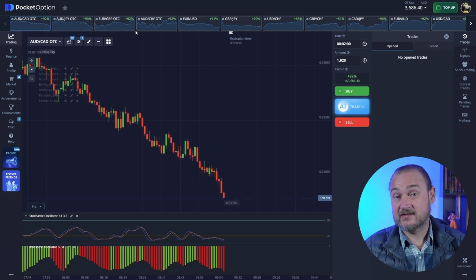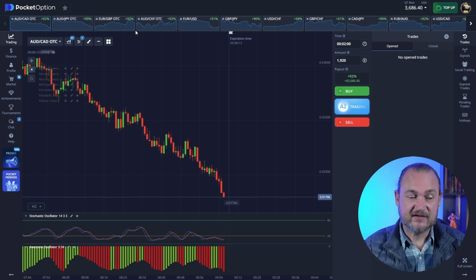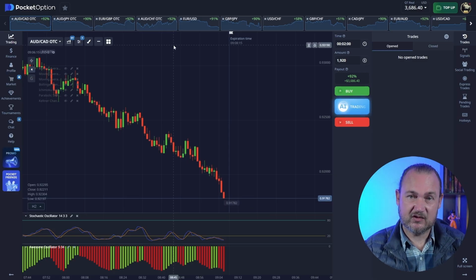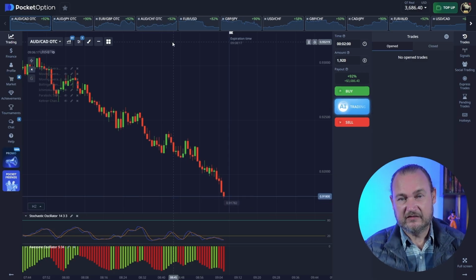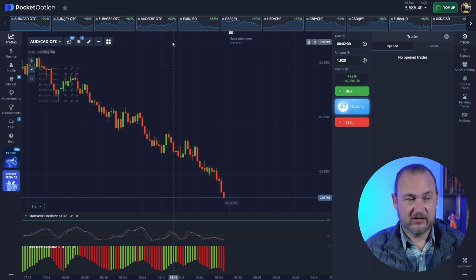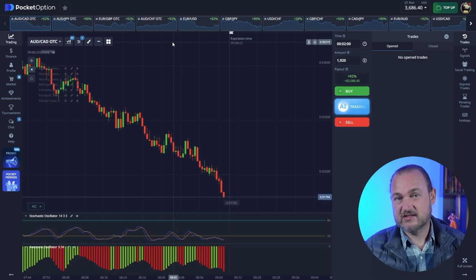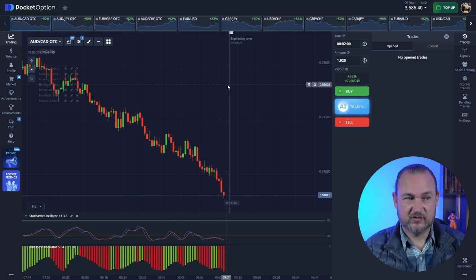This isn't the quickest strategy you'll see out there, but it is a very reliable one. If you understand what we're looking for, first of all, that we are trying to find areas where price is pulling back, and we're trying to determine if it's a reversal or a correction.